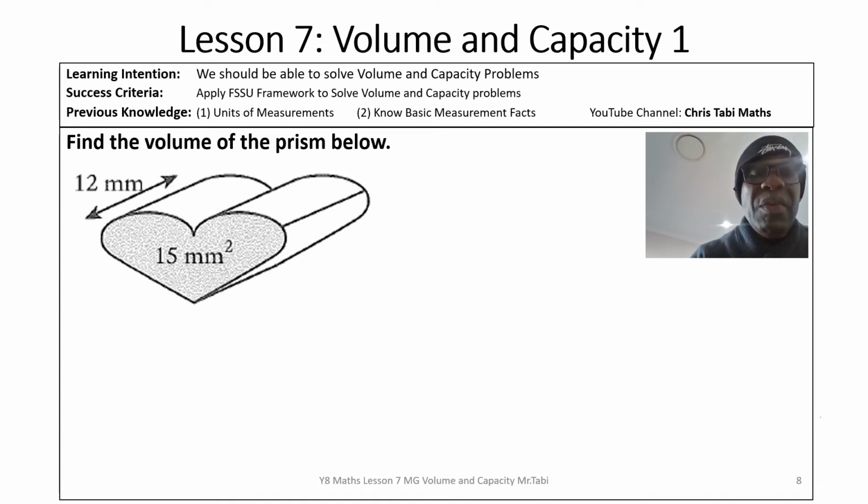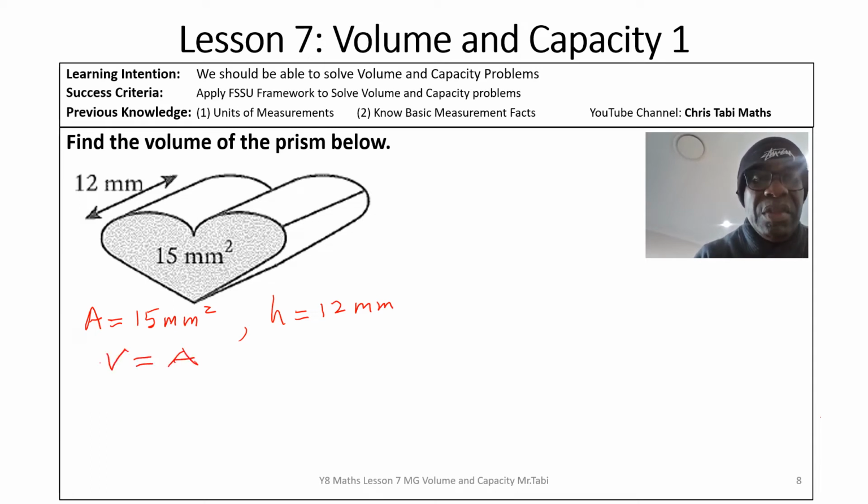We'll do the same thing with that. We've been told that the cross-sectional area A equals 15 square millimeters, and we've been given the height as 12 millimeters. So our volume will be A multiplied by H. We'll do the substitution, which will be 15 multiplied by 12.